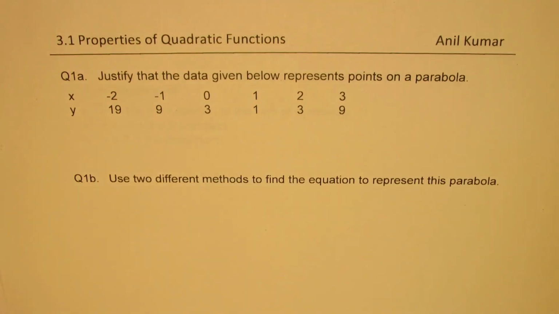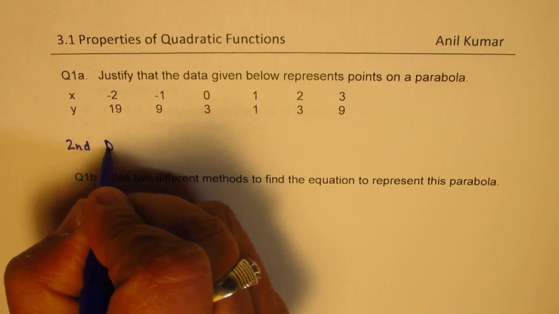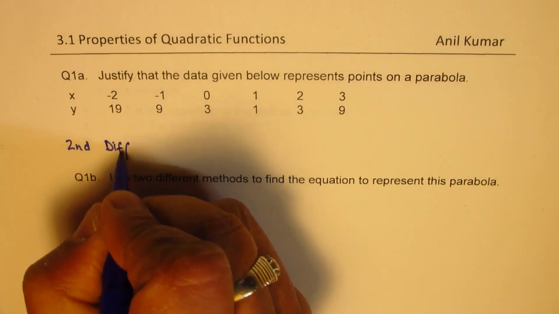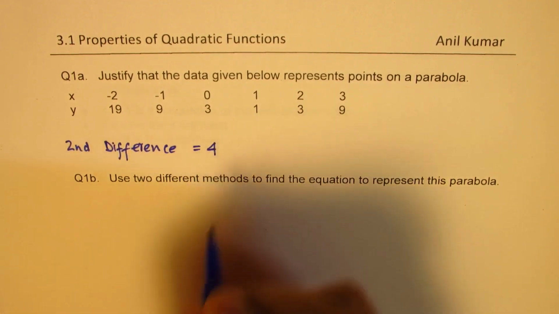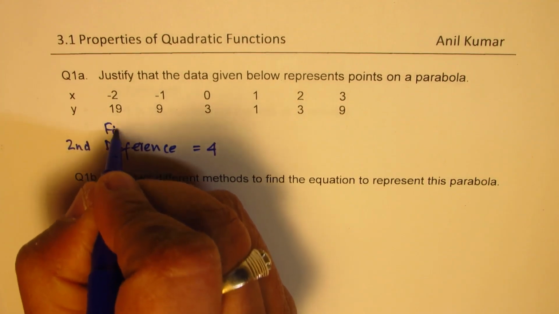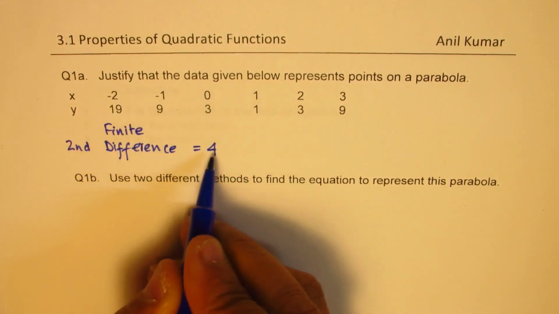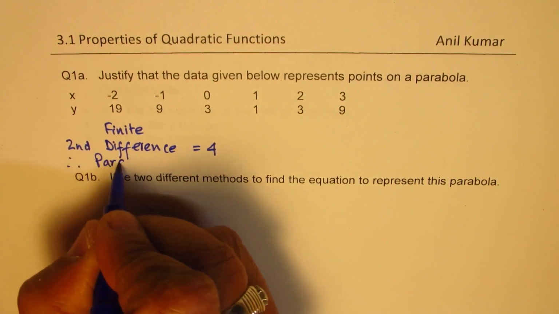Use the best of the information which you get here. So again, we'll work on the same question, and we worked out here that the second finite difference equals 4 in this case. Therefore, it's a parabola.